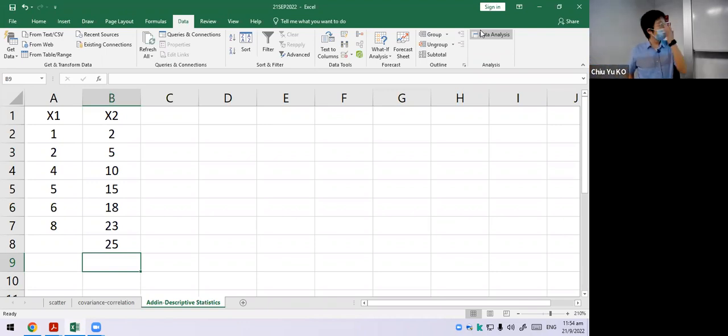Okay. So now, why do we have to do this? Because this Data Analysis ToolPak will be useful for our whole course. It has very useful shortcuts for things that we need to do. Of course, we do not need it, because all the calculations in data analysis can be done in Excel.